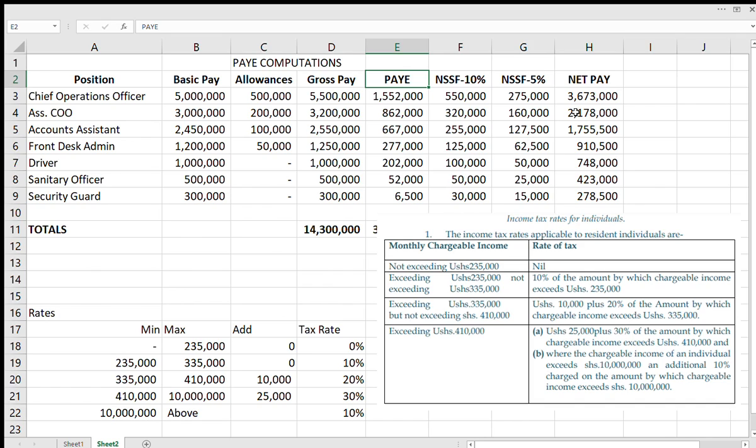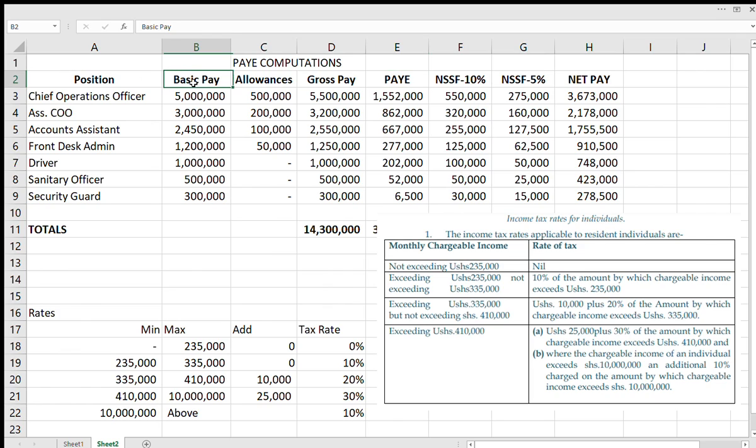Now, to calculate pay as you earn or NSSF, you need to have your payroll well arranged. The payroll will have these positions, and if it was an organization we already know, it would have names for those individuals, but this is generic, so we have positions.